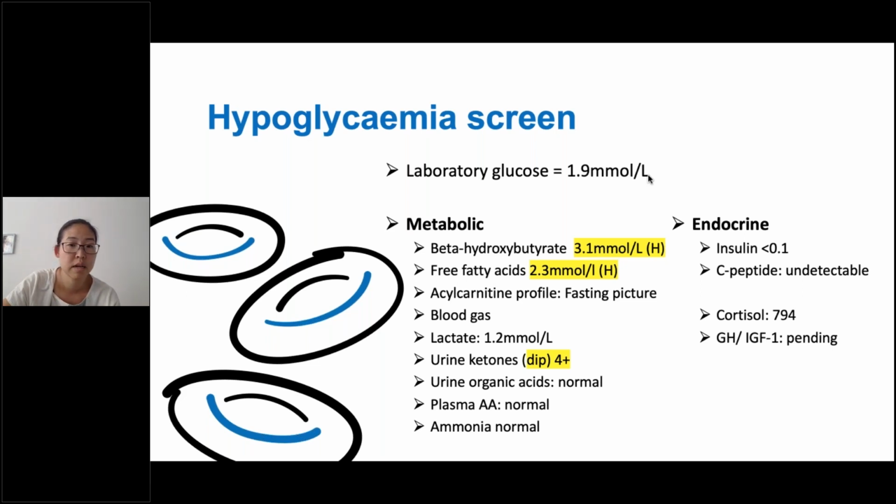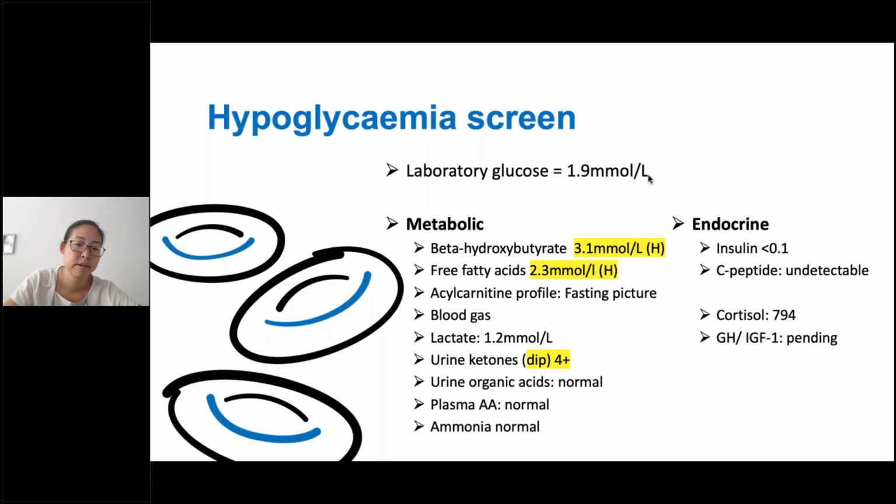So this is what is telling me is that she has a low blood sugar because she hasn't really been eating very well. So it's kind of like a prolonged fast. And she's showing me that she can mobilize her free fatty acids for fuel. And these free fatty acids can be successfully converted into beta hydroxybutyrate, which is ketones. So that's perfect. That is what we expect to see. We see lots of ketones in the urine as well because they're 4+.